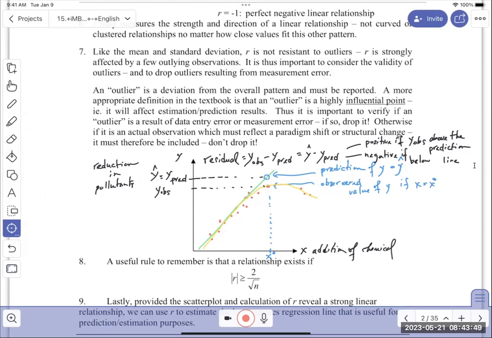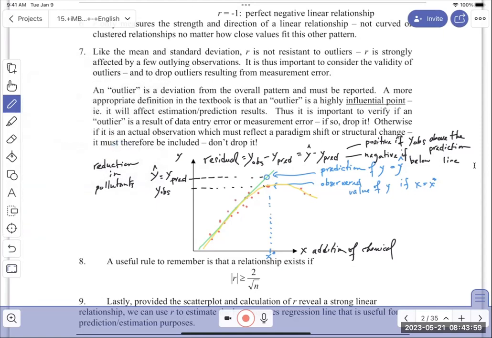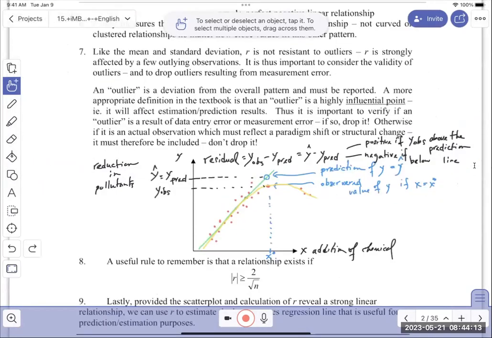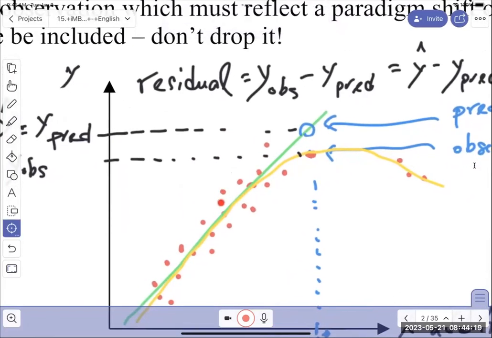So this distance will be positive, this distance will be negative, and if I want to add up all these distances, but the magnitude of the distance, I don't care if it's a positive or negative residual, I just care about the length.